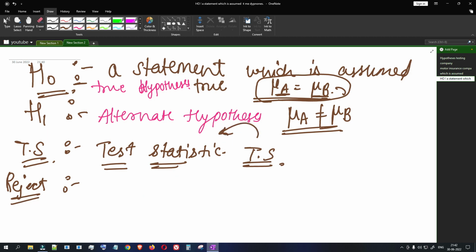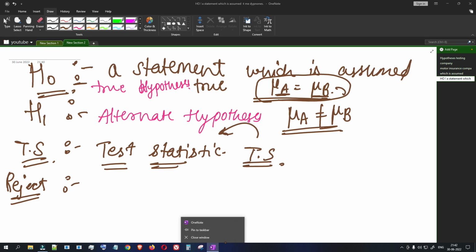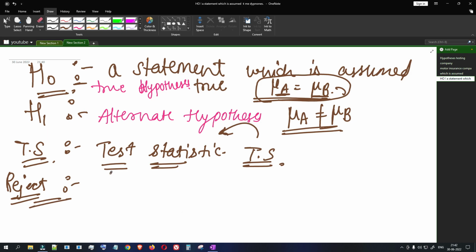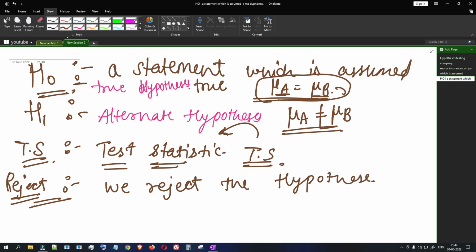What is reject? If we prove that our H0 is not true, then we say that we reject the hypothesis. I'm sorry, this is not true hypothesis, this is the null hypothesis. So we can reject the null hypothesis.